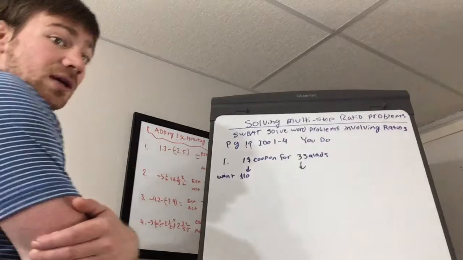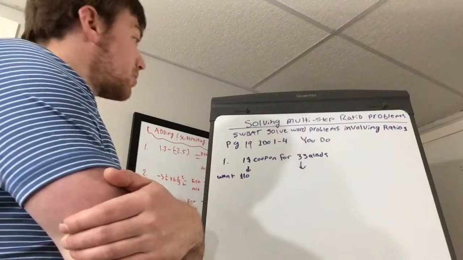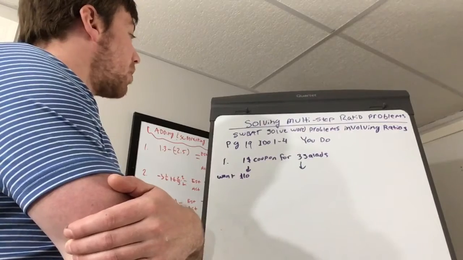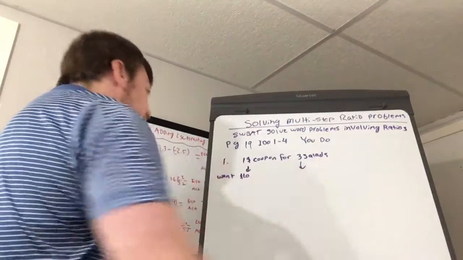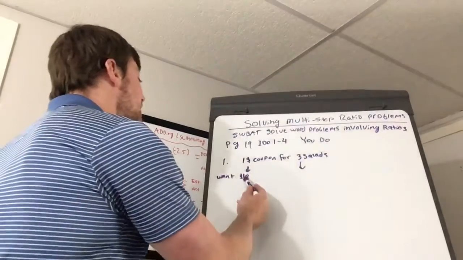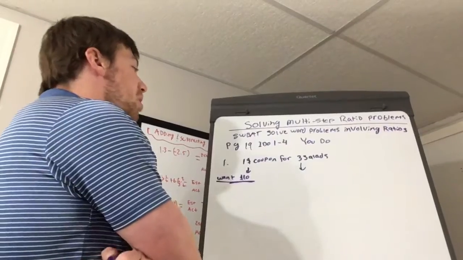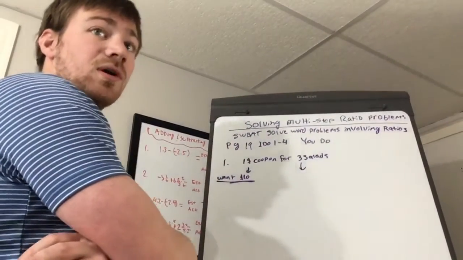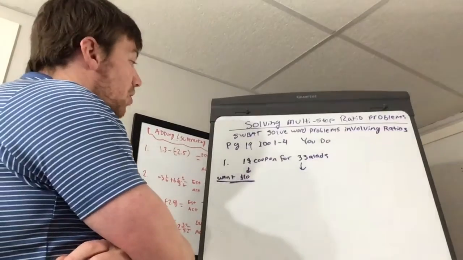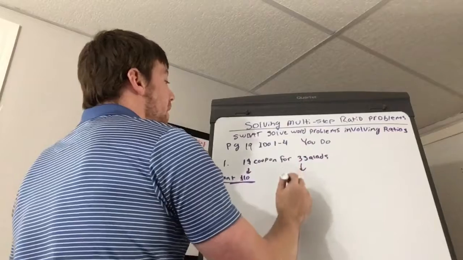Like I said, the most important part of this is to take the information out. So you've got that 1 coupon is for 3 salads. That's where I wrote this line. You want $10 in coupons, and you get 1 for every 3 salads. So what do you do? You multiply.